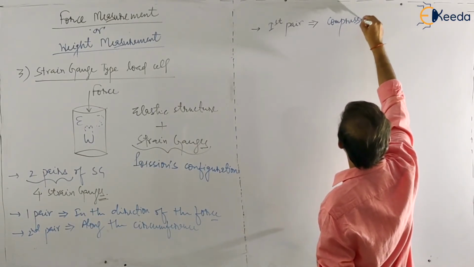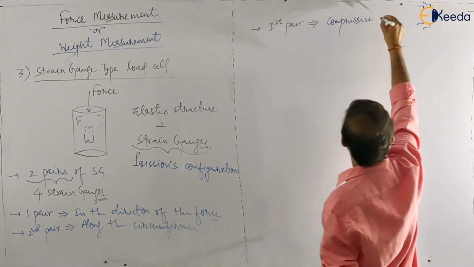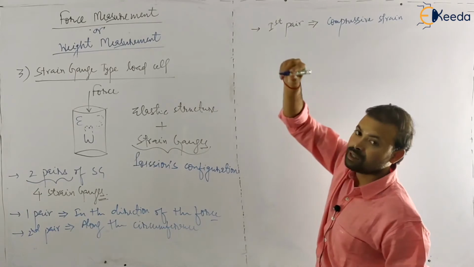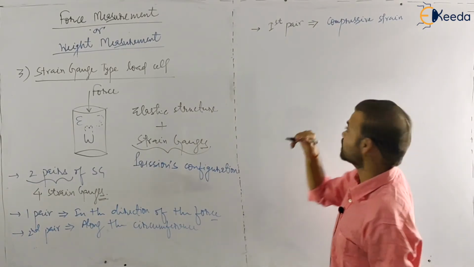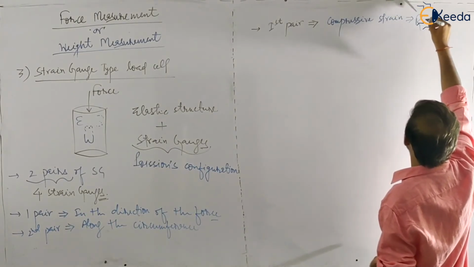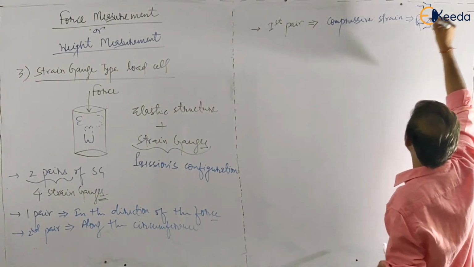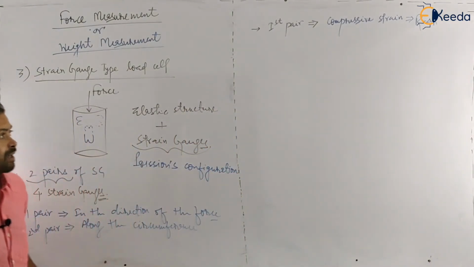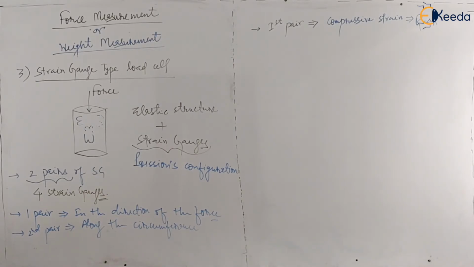Why compressive strain? Because it is connected along the direction of the force. Compressive strain means resistance will be decreasing by delta R. So equivalent resistance after application of the force will be R minus delta R.